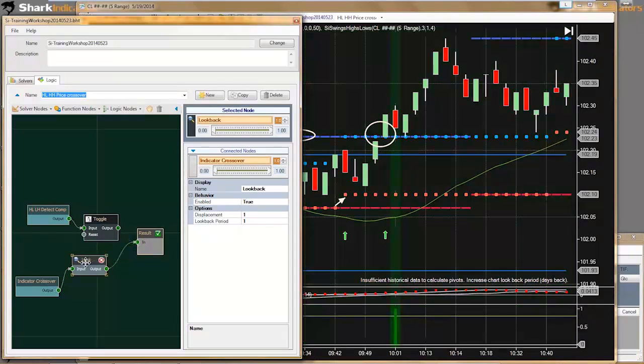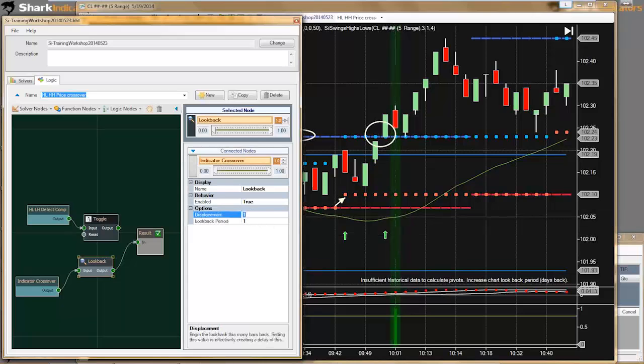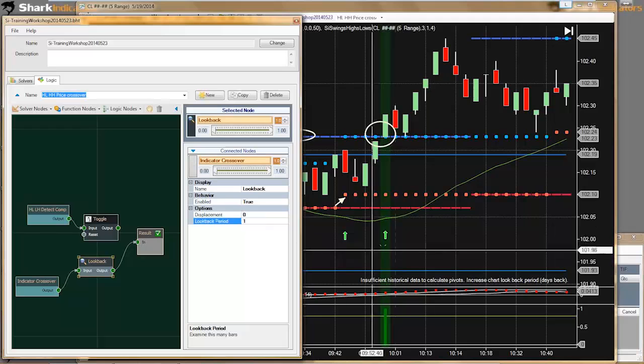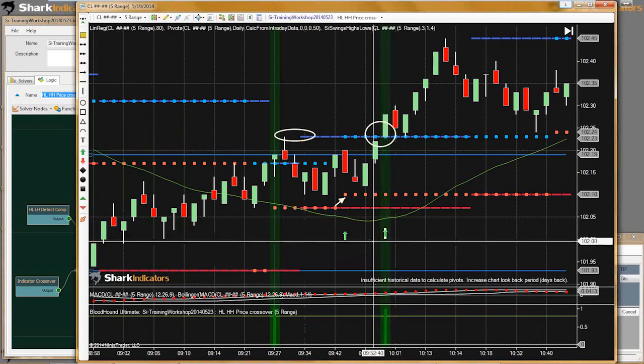Alright, so let's take a look at this. And so just the look back's default settings here, it has a displacement of 1, and so its default setting is, right, shifting the signal forward 1 bar. So you see how it shifted it forward 1 bar? So if I set this back to 0, if I turn the displacement off, right, now the signal is right back on the original bar.